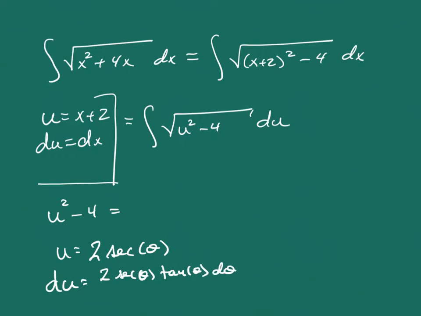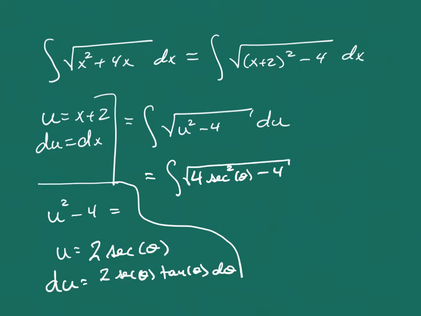So that in my integral, now what I actually have with this trig substitution, this thing becomes 4 secant squared theta minus 4. Du becomes 2 secant of theta tangent of theta d theta. And the stuff underneath the radical then becomes 4 tangent squared.